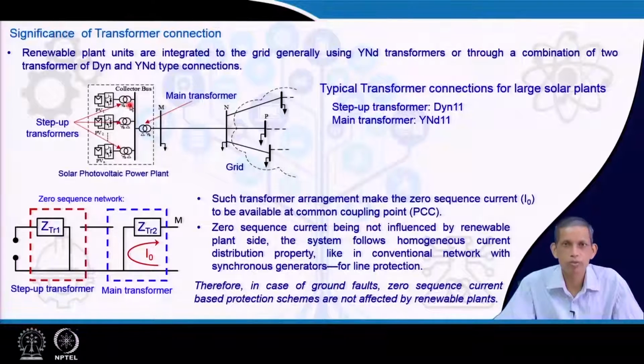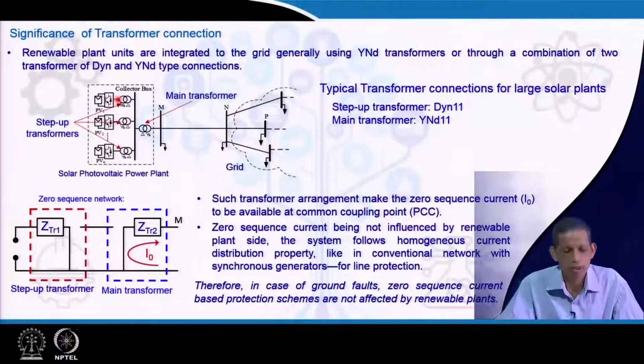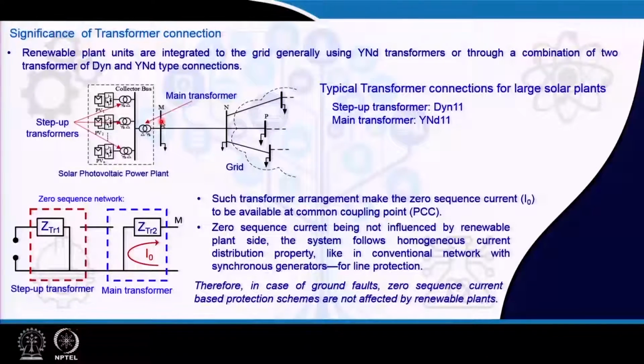So, we see two stages of stepping up the voltage, the first stage and the second stage, with the corresponding transformer connections: Dy11 and then Yd11. It means that the angle shift between these stages cancels out with these two transformers, and that is maintained.